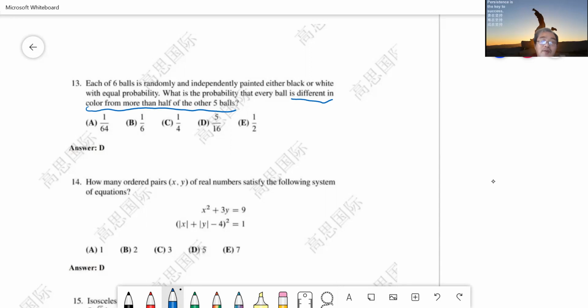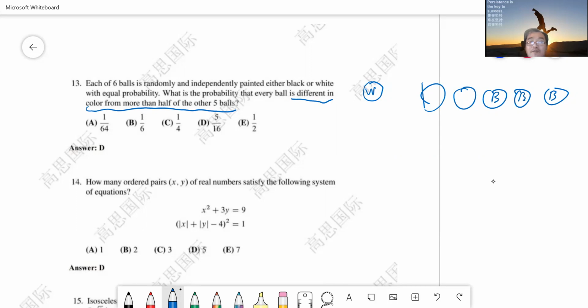Right, so let's see, we have a ball. So this is white. So for the remaining 5 balls, 1, 2, 3, 4, and 5, it must be different from more than half of these. That means at least 3 of them are going to be black, right? So then we're not sure if this one is black or white.